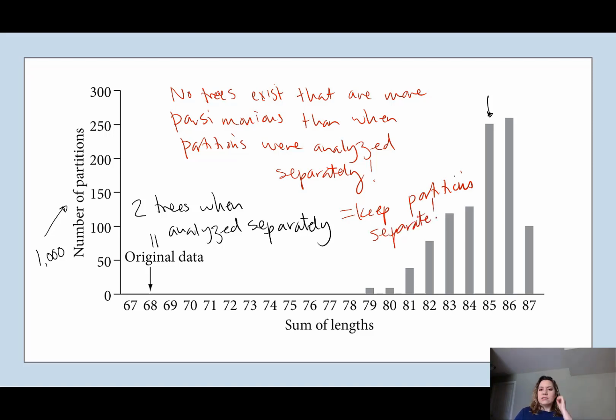As a little terminological note, when you hear the term concatenate, that refers to the combination of data. Basically, the ILD test in this example is telling us that we should not be concatenating the partitions. We should run them separately.